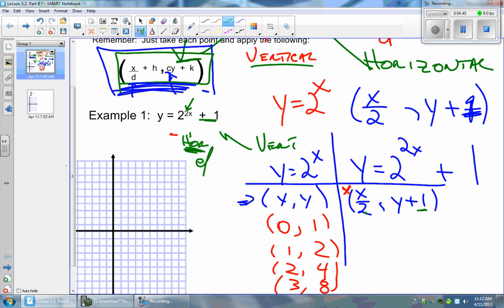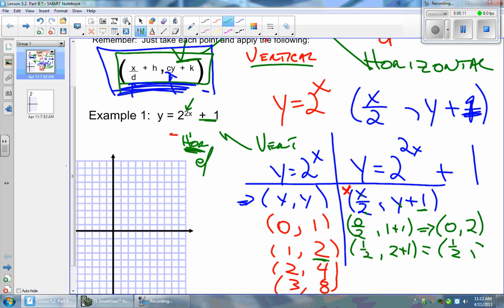So here we go. Let's take our original, which was 0, put it in there. 0 over 2 is that one, right? y plus 1, that would be 1 plus 1, giving me my new point, which of course is 0, comma 2. Perfect. Let's go to my next one, which is 1 over 2, right? My y would be, of course, 2 plus 1, which would end up giving me 1/2, 3.